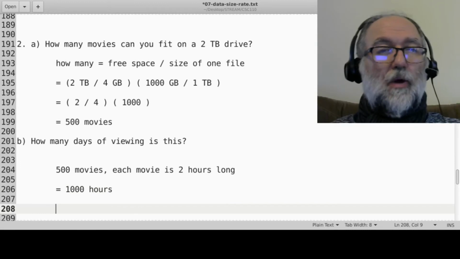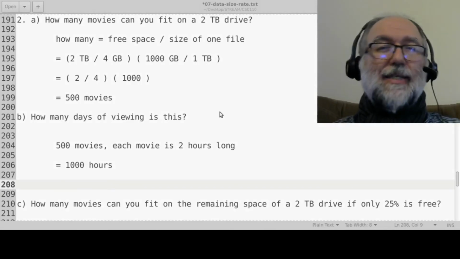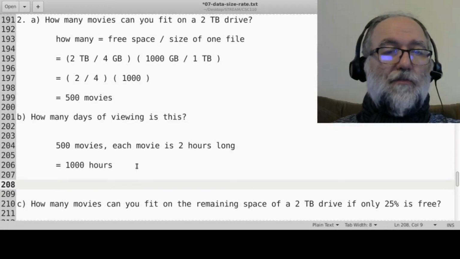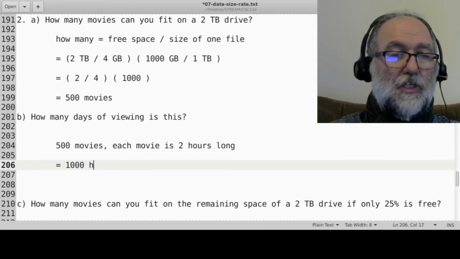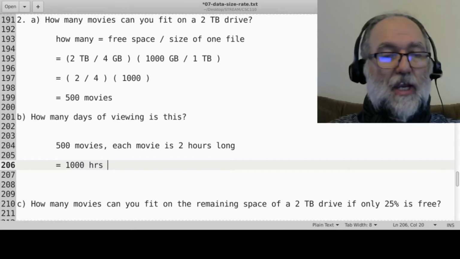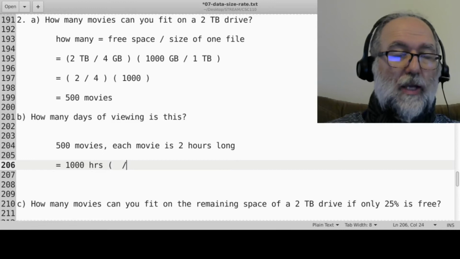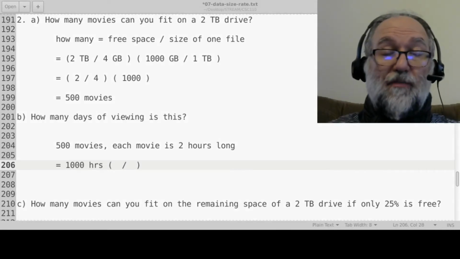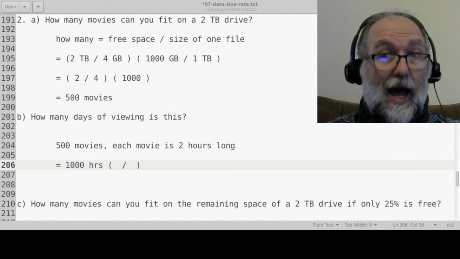Now you say, well, 1,000 hours, how many days is that? So let's convert from hours to days. Let's use HRS as the abbreviation for hours. We could do this using one of our fractions, but now it's not a fraction for a metric prefix. This is going to be a fraction for time.